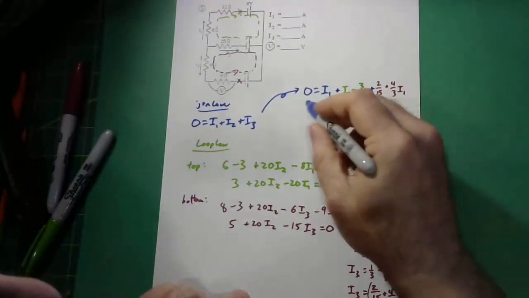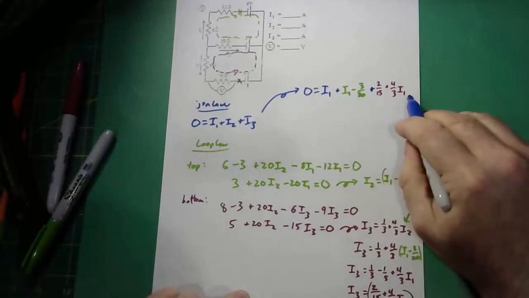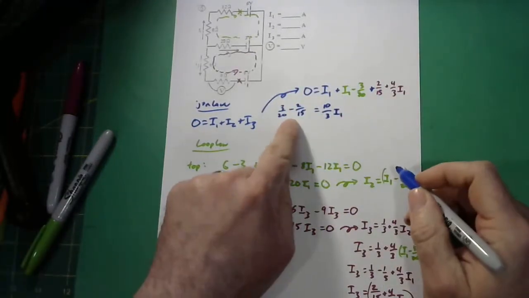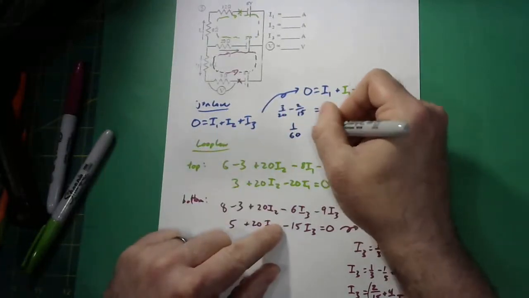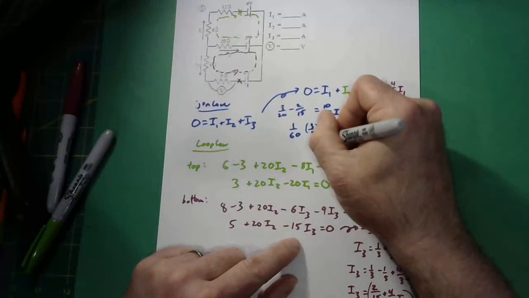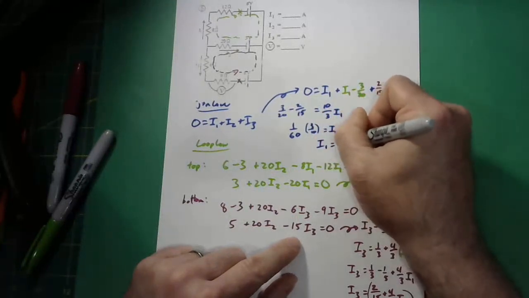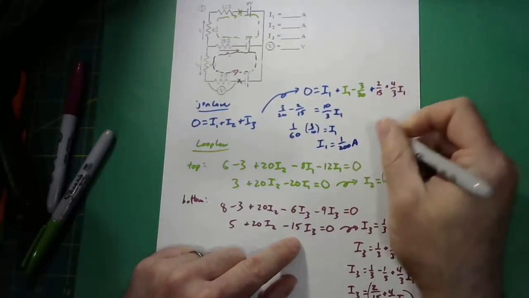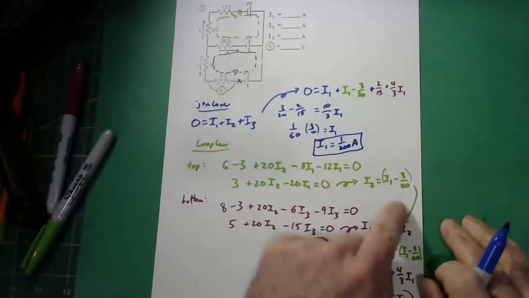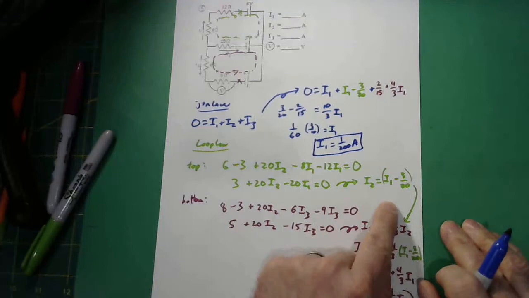And so now I've got an equation with just one unknown. So it'll be 1/200th. So I1 is 1/200th of an amp. Now that I have I1, I can put that value in for I1 and get a number for I2.